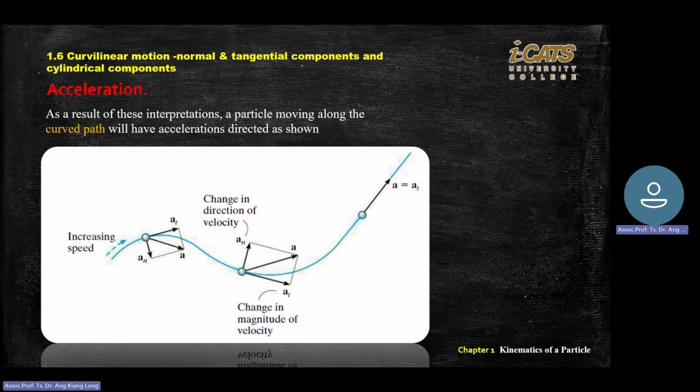So this particle is moving along the curve. Observe the arrow for tangent. The arrow always follows the motion of the object, and it's always 90 degrees to the normal direction. And the normal always follows the curve direction. The normal is always pointing inside the curve.